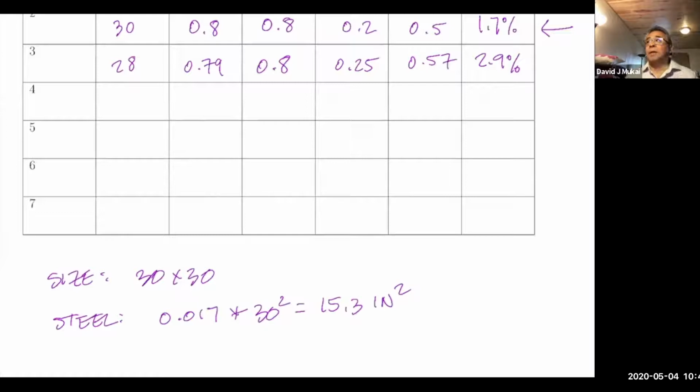Just a minute. So we're looking for 15.3 square inches, an even number of bars.